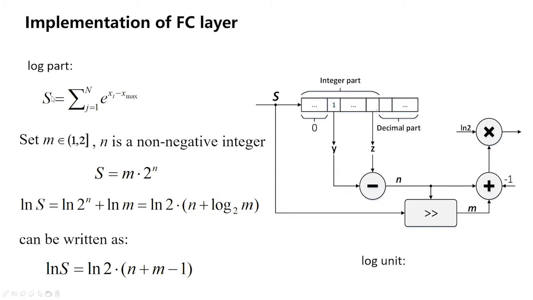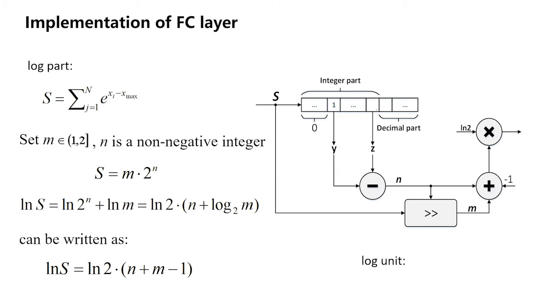We can set the sum of e^(x_i minus x_max) to be S. Then we set M greater than 1 and less than or equal to 2, and N is a non-negative integer.